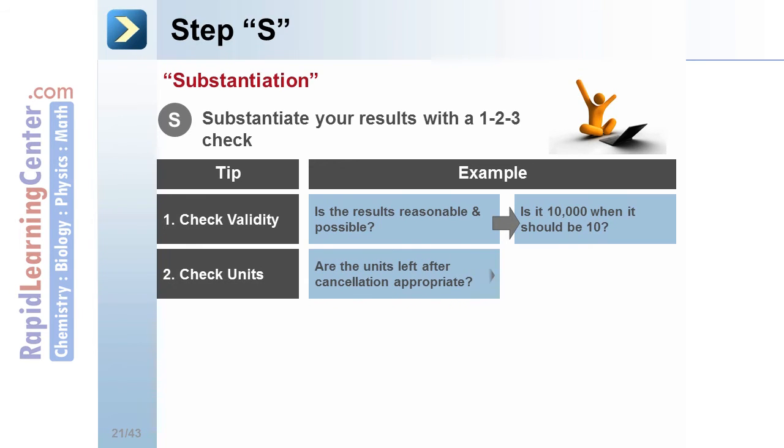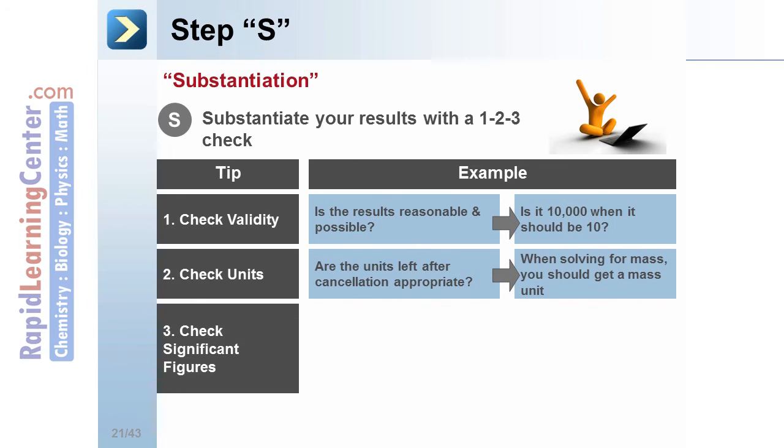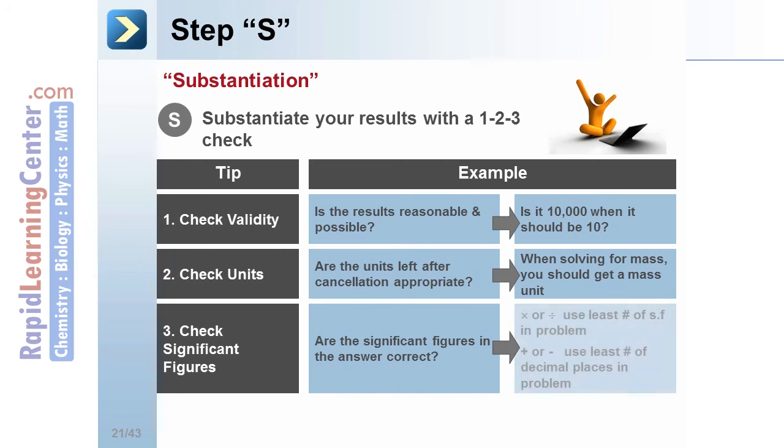Are the units left after cancellation appropriate for what you were solving for? Check significant figures. Are the significant figures in the answer correct? When multiplying or dividing, use the least number of significant figures in the problem. When adding or subtracting, use the least number of decimal places in the problem.